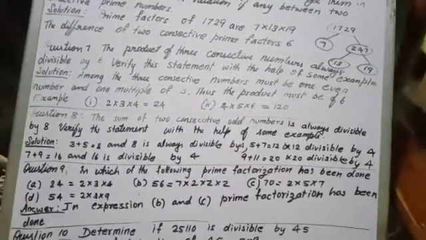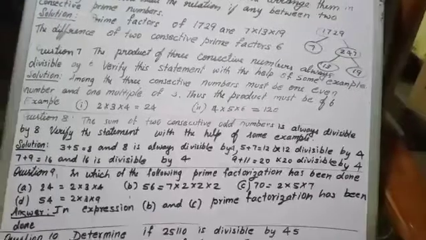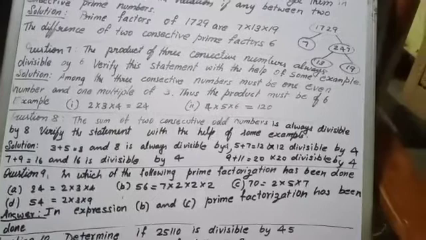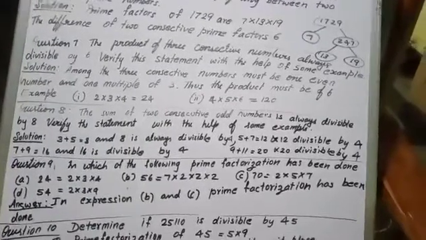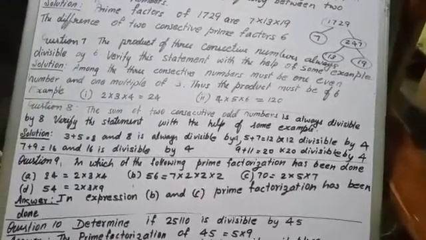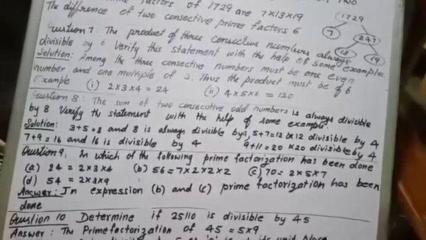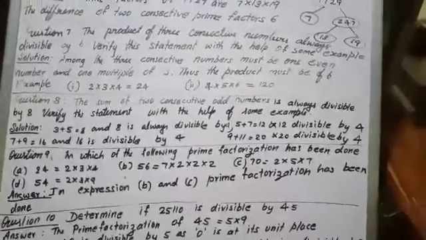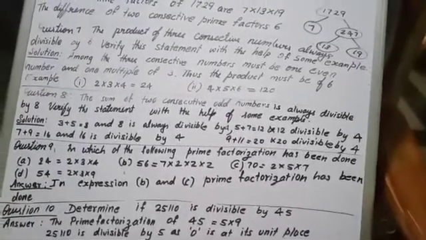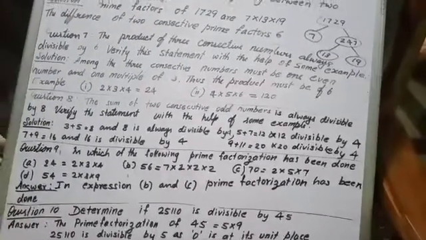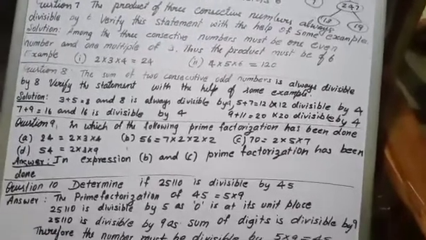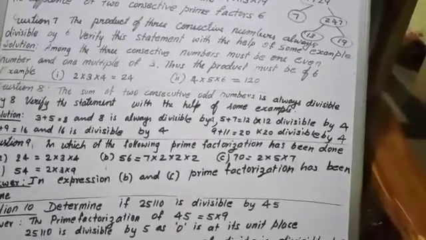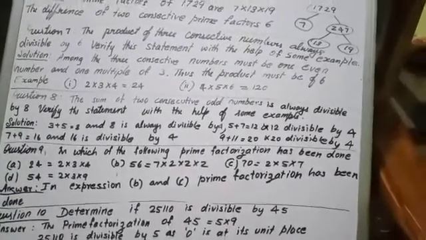Now question number 10. Determine if 25,110 is divisible by 45. The prime factorization of 45 is 5 times 9. 25,110 is divisible by 5 as 0 is at the unit place. 25,110 is divisible by 9 as the sum of the digits is divisible by 9.